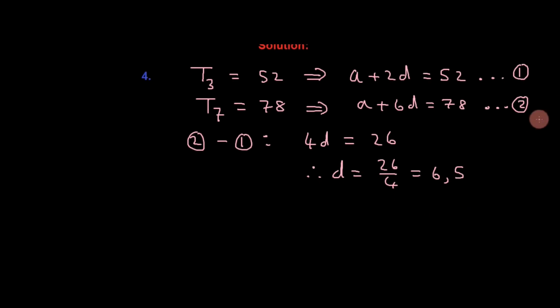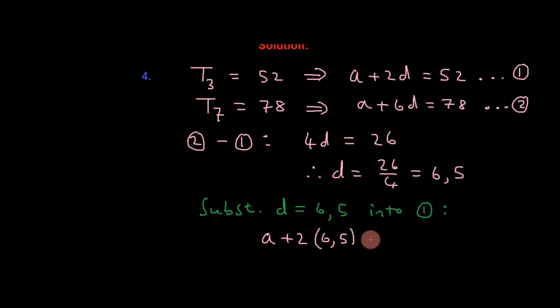And we can plug d back into, let's say, equation 1 in order to find a. So substitute d equal to 6,5 into equation 1. So we have a plus 2 times 6,5 equals 52.